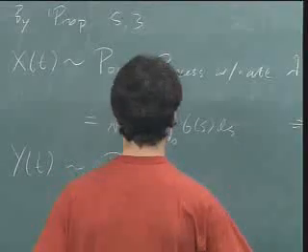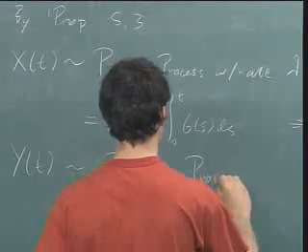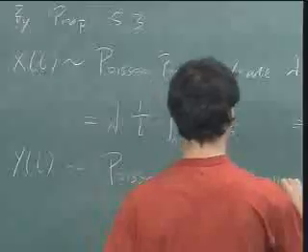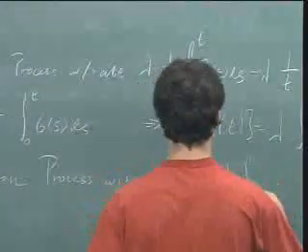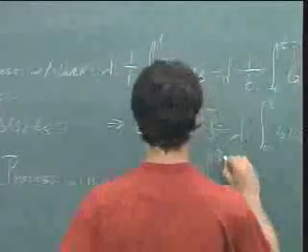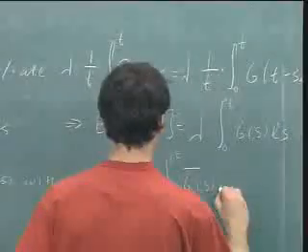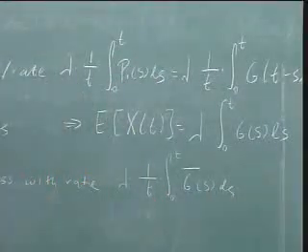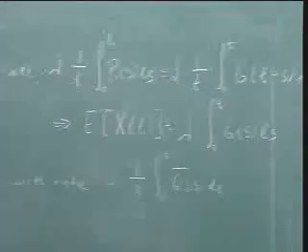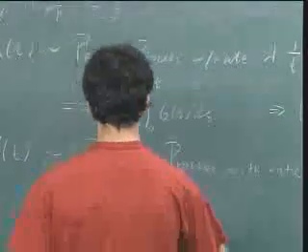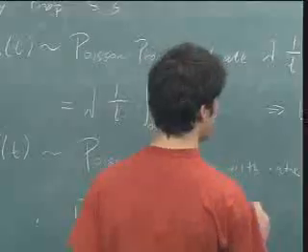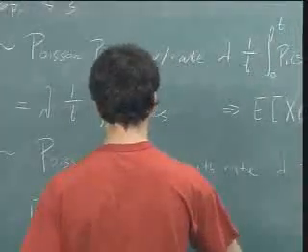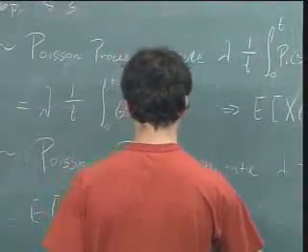So it will be a Poisson process with rate lambda times 1 over t, and therefore the expected value of Y of t will just be equal to lambda times the integral from 0 to t of G bar(s) ds.